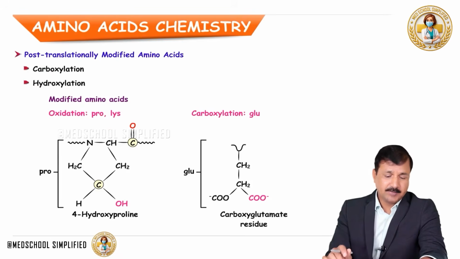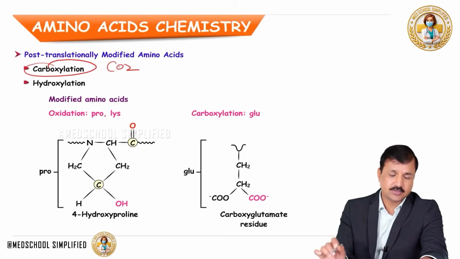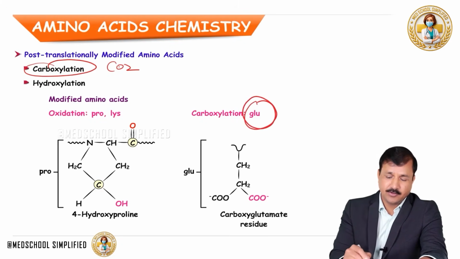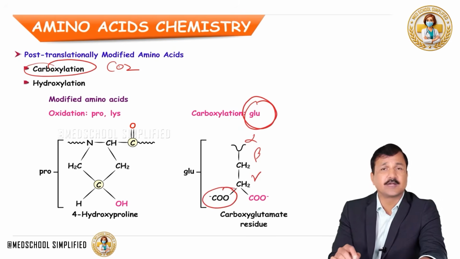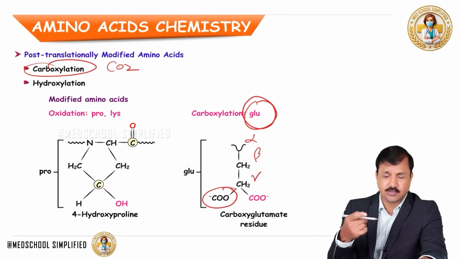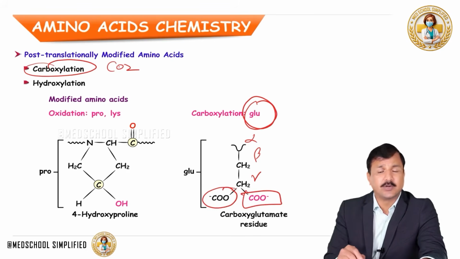Coming to carboxylation, carbon dioxide is attached to an amino acid. Example, we have glutamate. Glutamate has an alpha carbon, beta and gamma. The gamma carbon generally has a carboxyl group attached normally, that's what glutamate is. One more carboxyl group is attached to the gamma carbon. That is what is gamma carboxylation.